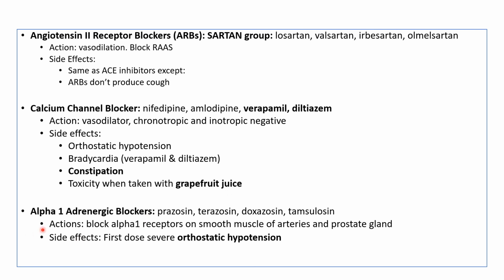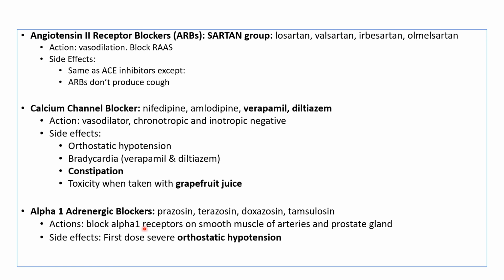There is a family of medication for blood pressure that, apart from hypertension, are also used in all men with benign prostatic hypertrophy: the alpha adrenergic receptor blockers. Remember, the alpha receptors of epinephrine are in the arteries producing vasoconstriction, and in the muscle of the prostate gland, producing contraction of the prostate gland, blocking the flow of the urine.